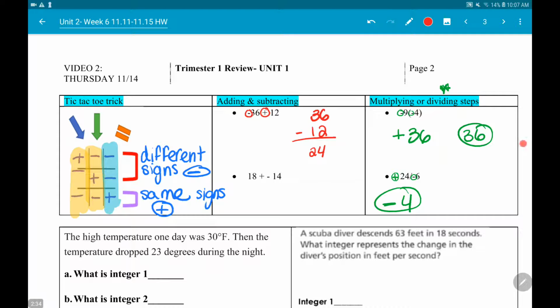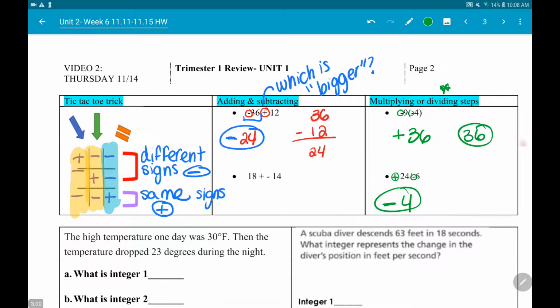All right, and how do I determine what my final operational sign is going to be? I determine that based off which one was bigger. All right, and the 36 is the bigger one, so that means there's more negatives, which means my answer is also going to be a negative.